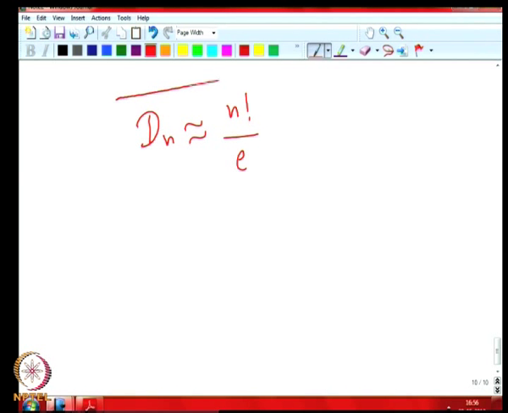This kind of a formula will be useful when we find the probability of certain things. For instance, in the first question we discussed, the gentlemen came to the party, placed their hats on the table, and while going away they took some hat and went away.